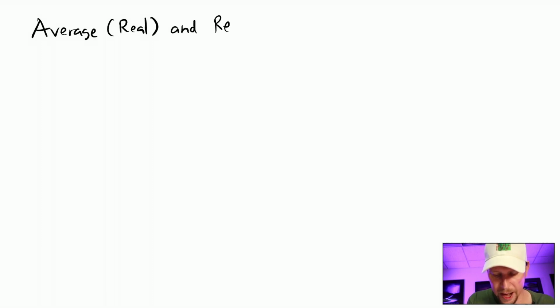And now we actually want to start taking a closer look at those three terms and what they actually mean, right? So this next section is going to be on average or real, and what they call reactive power.